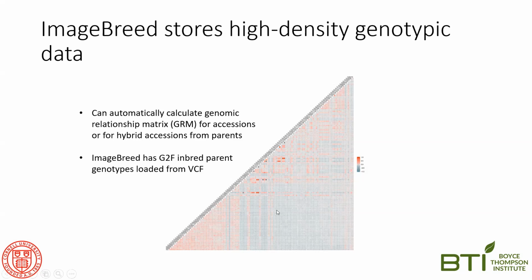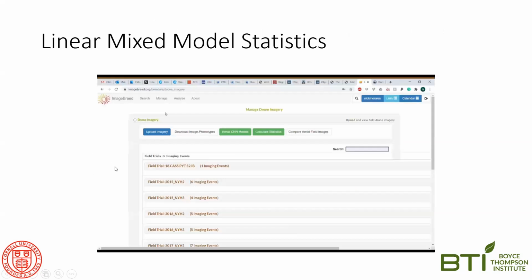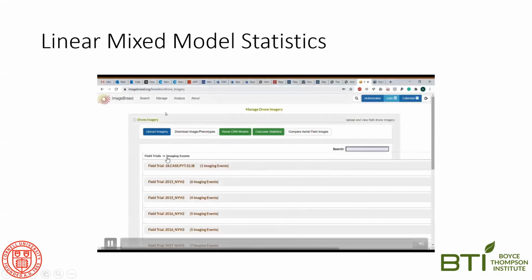And ImageBreed currently has the G2F Genomes to Fields inbred parent genotypes. So we can calculate the GRM from that data automatically.